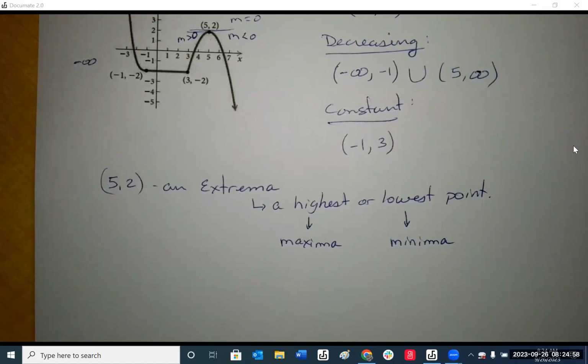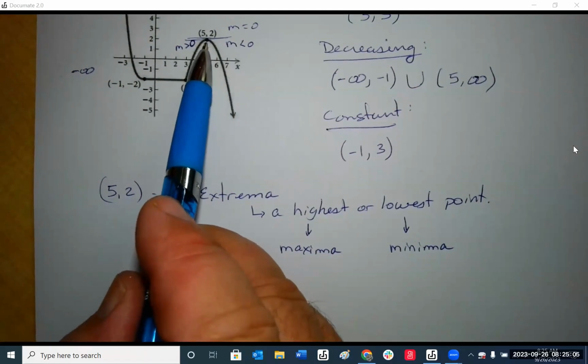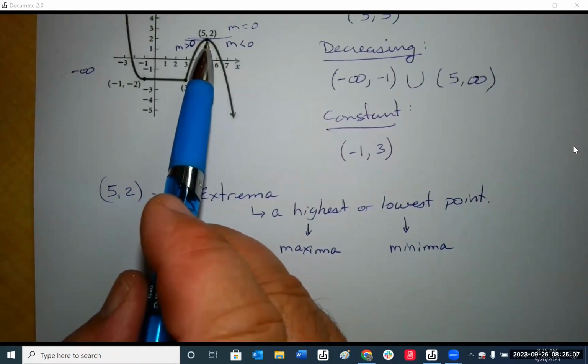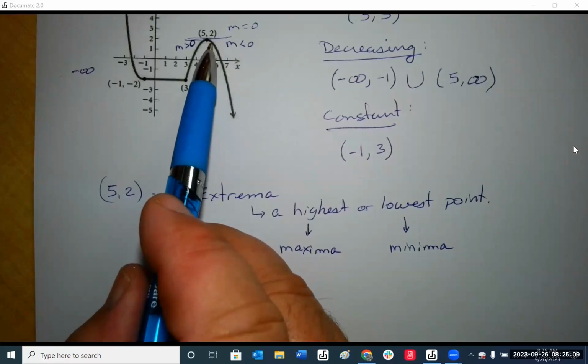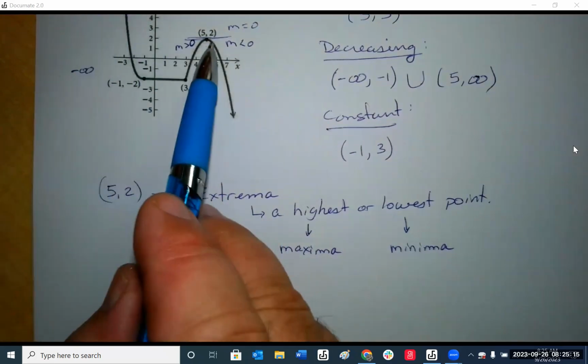We have two types of extrema. Would this one be a maxima or a minima? It'd be a maxima. But is it the maximum over the entire graph? No, because these numbers here are all higher than this one.